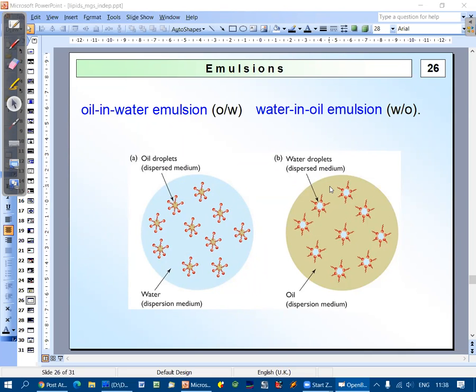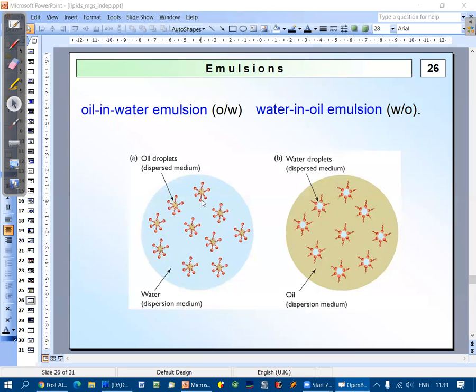It shouldn't be oil, it's just a symbol of non-polar liquid. And as you can see, there is something here around these droplets, because without this stabilizing reagent, the system will be unstable and will decompose immediately, forming two layers.